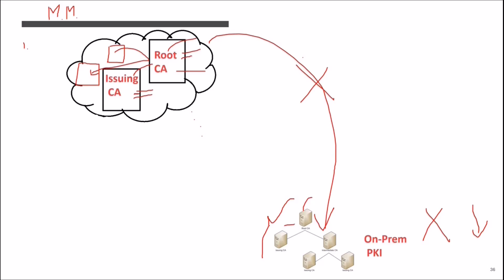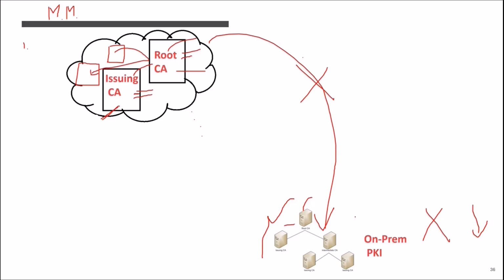Again, just to recap, methodology one is what I'm referring to as Microsoft managed, in which we create a root CA instance in the Cloud PKI in Azure, and we create an issuing CA instance in the Cloud PKI in Azure. Now this issuing CA is going to issue the SCEP certificates, and this root CA and issuing CA have got nothing to do with your on-premise.